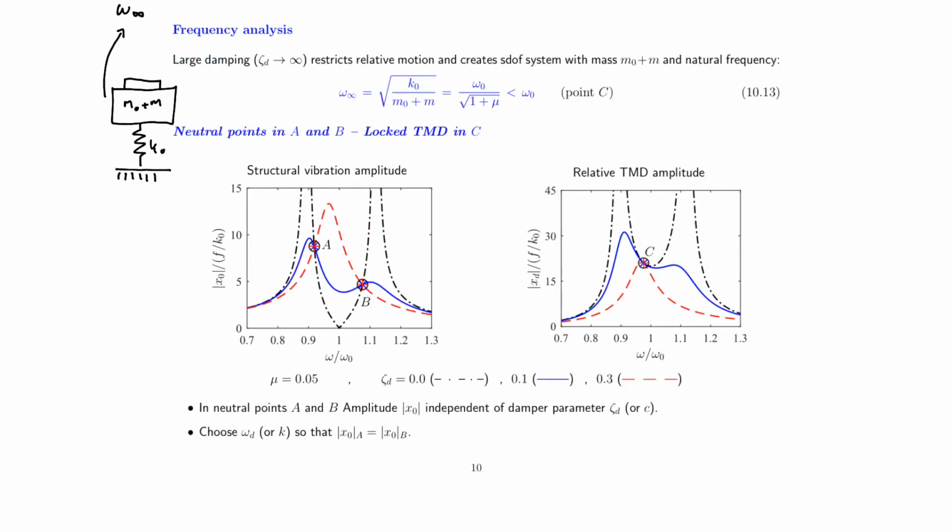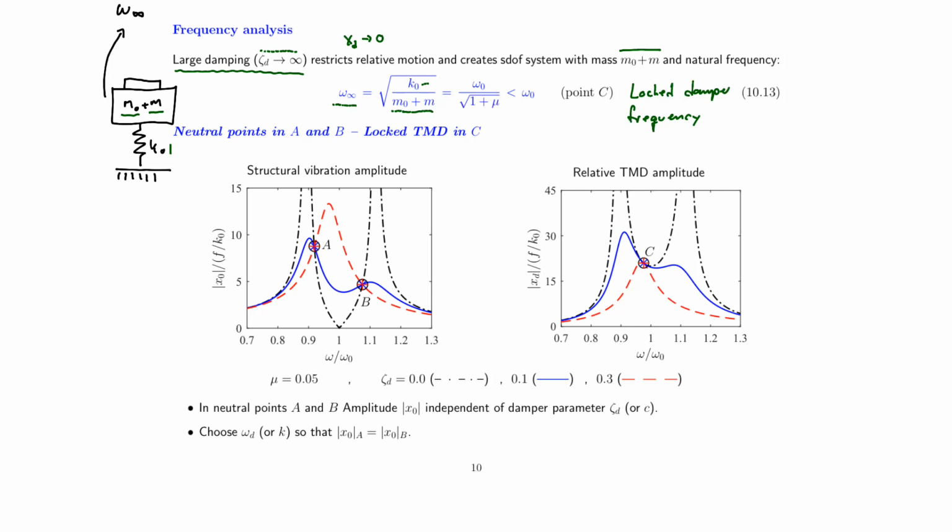So for large damping, that means c approaching infinity, or simply the damping ratio zeta d approaching infinity, the relative motion xd tends to 0, and therefore the total mass will be the sum of m0 and the TMD mass supported by K0. So this infinite natural frequency that we refer to as the locked damper frequency is given by the original structural spring stiffness, but now divided by m0 plus m.